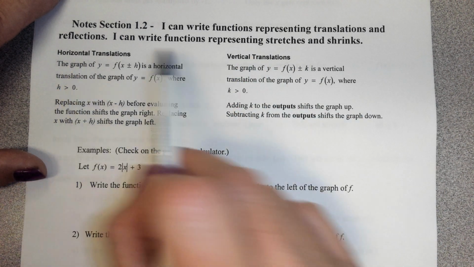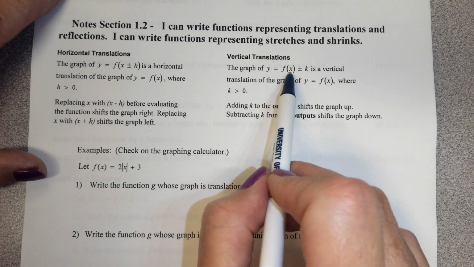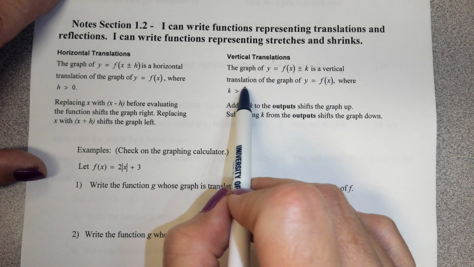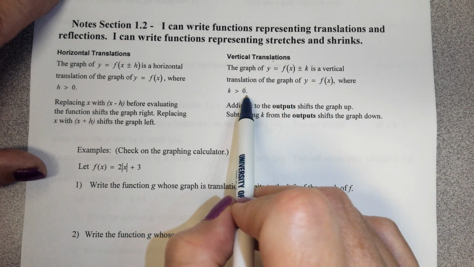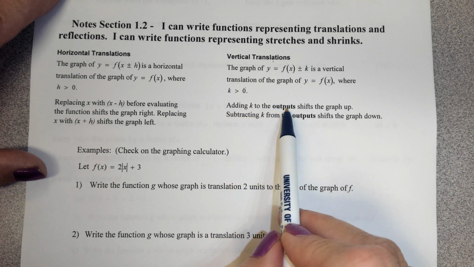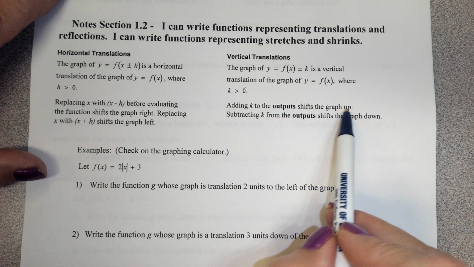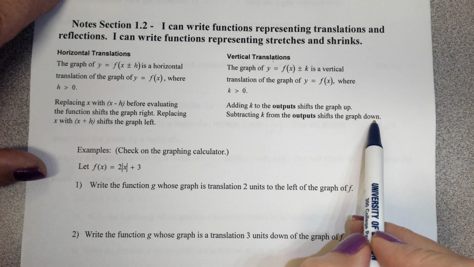That's horizontal. Vertical translations. The graph of y equals f of x plus or minus k is a vertical translation of the graph of f of x, where k is greater than 0. This says adding k to the outputs shifts the graph up. Subtracting k from the outputs shifts the graph down.